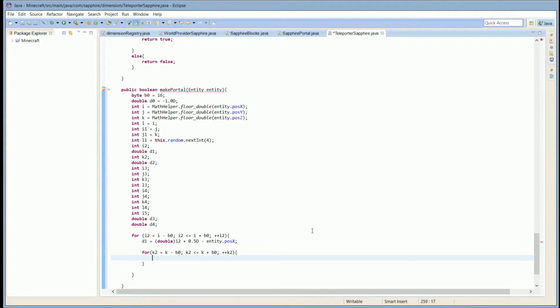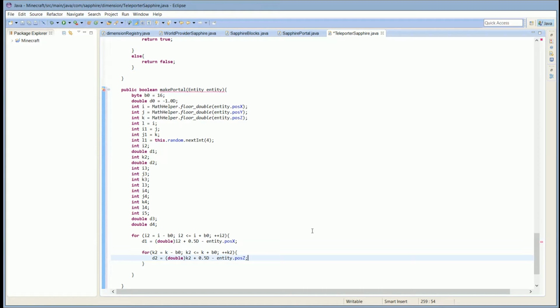And then we go D2 equals double of K2 plus 0.5 D minus the entity's Z position. So basically, as you might be able to tell here, it seems like we're setting up the positioning for certain blocks.